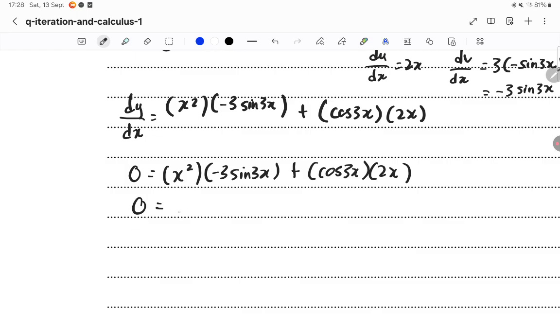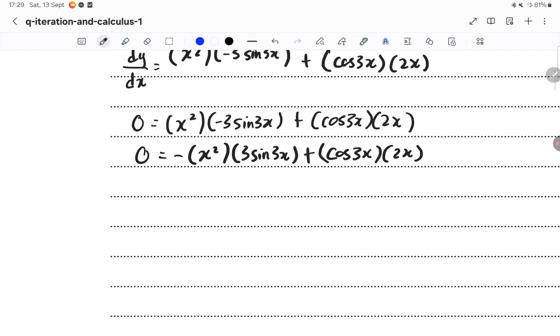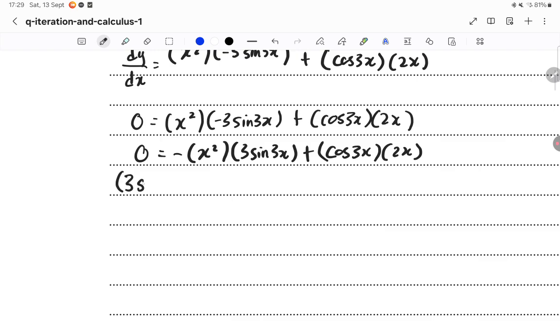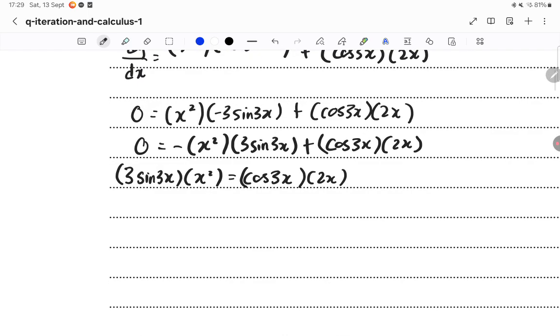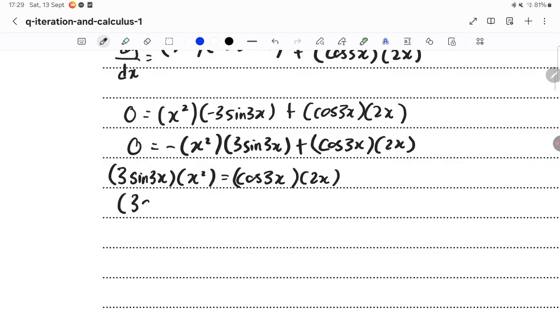So in fact, it will be x squared times 3 sine 3x is equal to cos 3x times 2x. Okay, and we can divide the x on both sides. 3x sine 3x is equal to cos 3x times 2.